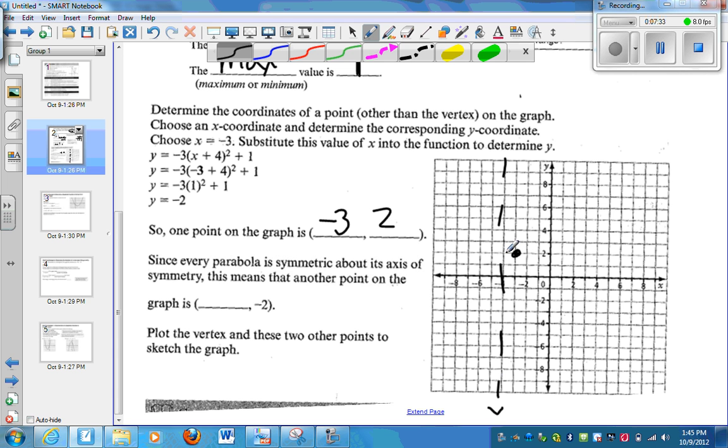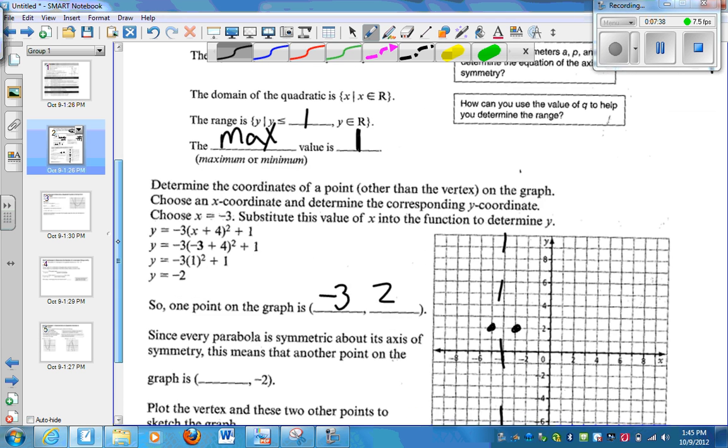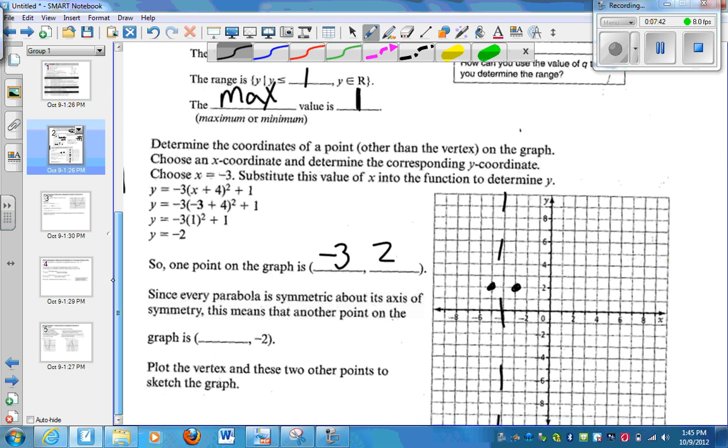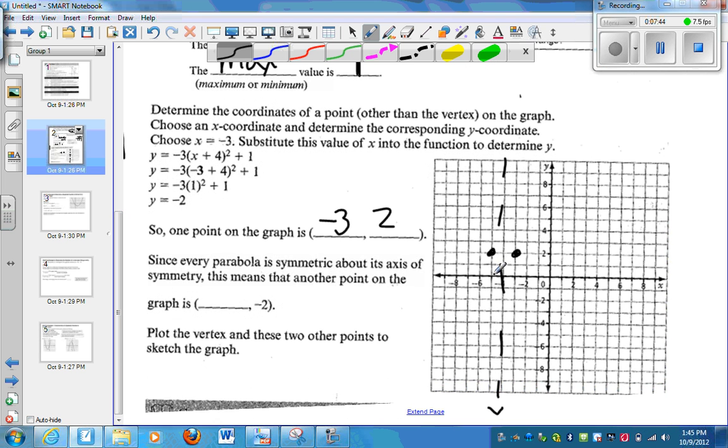So since it's 1 unit away, I'm going to do 1 unit away there. Its vertex, we can remember, was -4 and 1. So -4 and 1 was its vertex. So we can see that this is going to be a parabola. It looks like this.